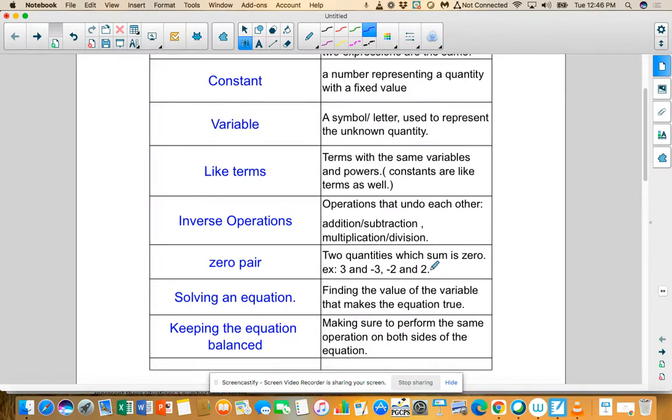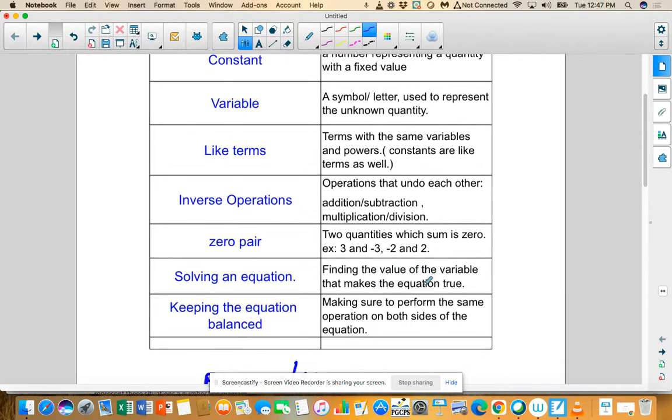When you are solving equations, sometimes you want to get rid of a term, so you need to think about a zero pair. What can I add to it so that I can get zero? And you add the same thing on both sides. That way, you get rid of what you want on one side without changing the equation because you are keeping it balanced.